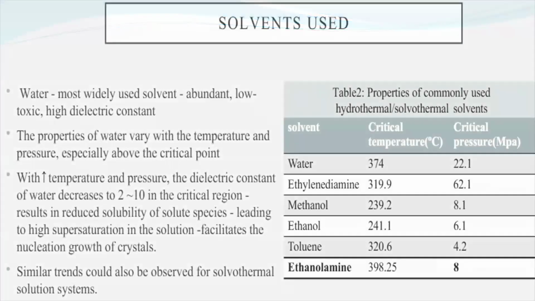Solvents to be used are water, ethylenediamine, methanol, ethanol or toluene. Each solvent has its own conditional parameters like critical temperature and critical pressure. For water, for example, the temperature is 374, whereas the critical pressure is 22.1.